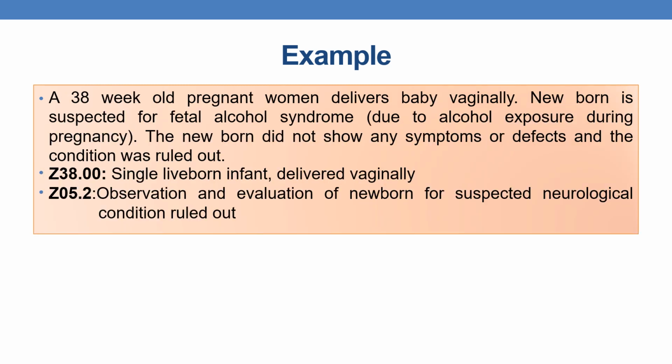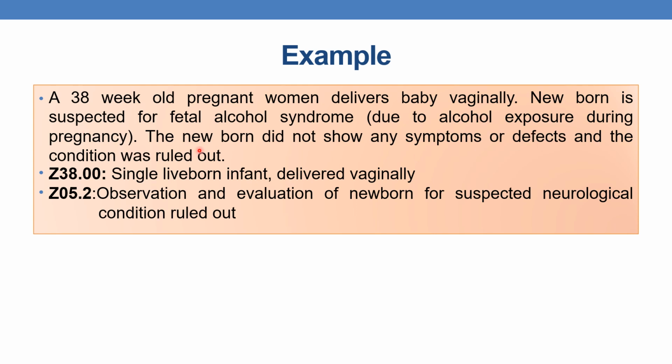Now coming to the final example, a 38-week pregnant woman delivers the baby vaginally, and the newborn was suspected for fetal alcohol syndrome due to alcohol exposure during the pregnancy.